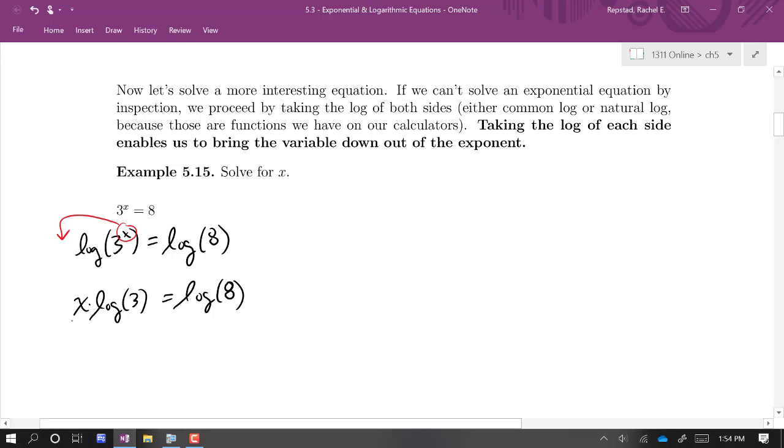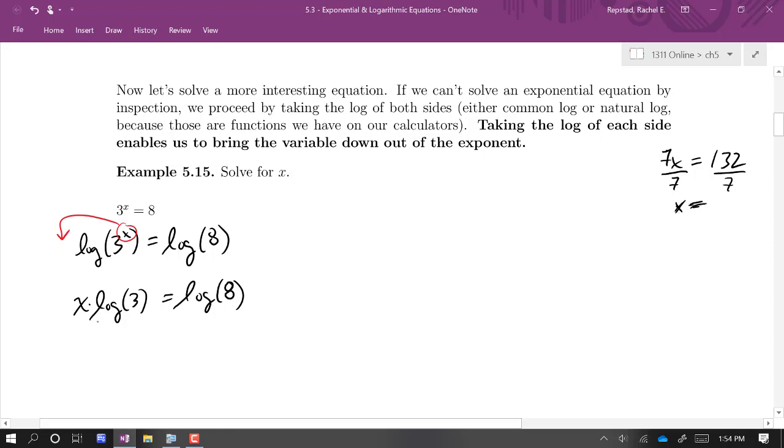The point I'm trying to make is that solving an equation that looks like this is just like solving an equation that looks like 7x equals 132 or something. I have an x multiplied by a constant equals another constant. If I were to solve that equation, it would take about 2 seconds to realize I just have to divide both sides by 7, and then I can get my answer.